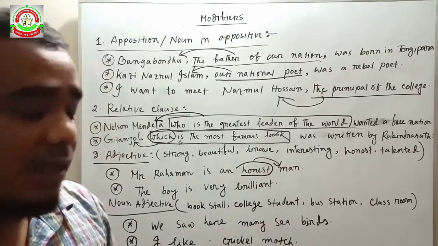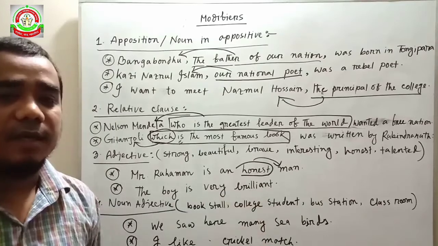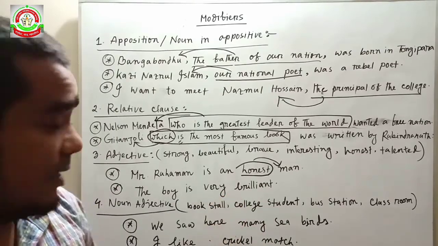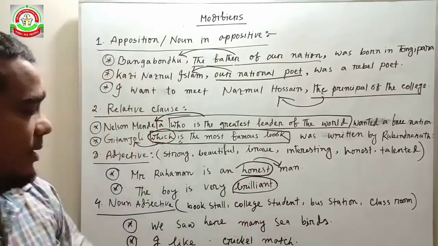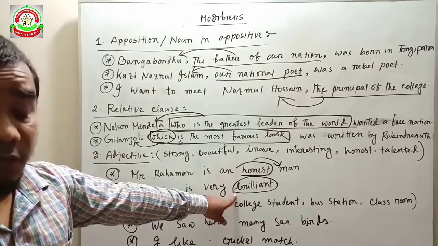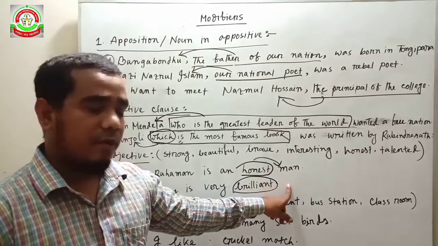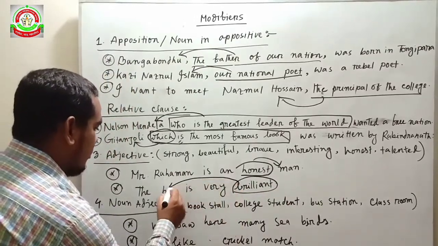If we see the next sentence, the boy is very brilliant. In this sentence I have used another adjective, brilliant. It is an adjective word, and this is a predicative use of an adjective because it doesn't require a noun after it. It post-modifies its previous noun, boy.